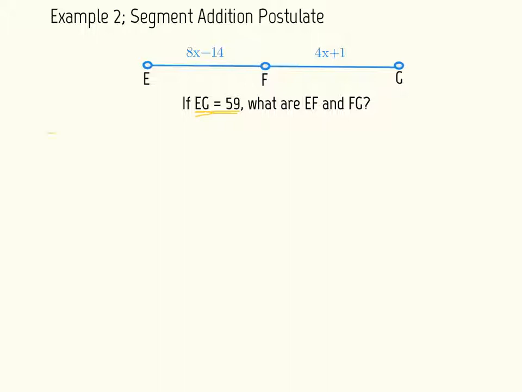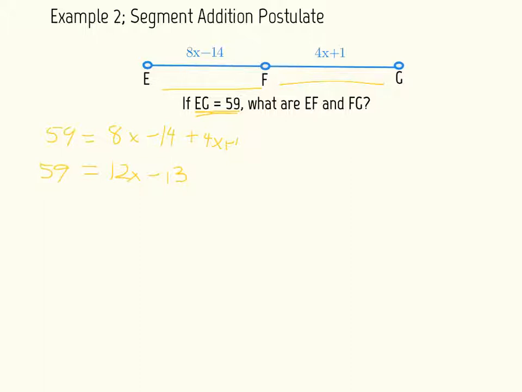So I know that 59 is equal to this first segment plus the second segment by segment addition postulate. So we have 8x minus 14 plus 4x plus 1. So I'm just going to put all that stuff together. 8x plus 4x, like terms, 12x. -14 plus 1 is a -13, and that's going to equal 59.